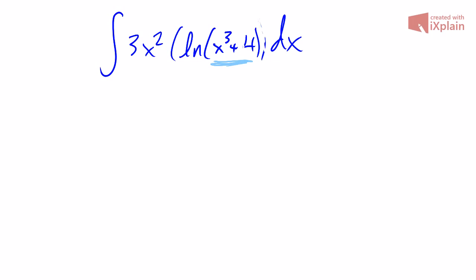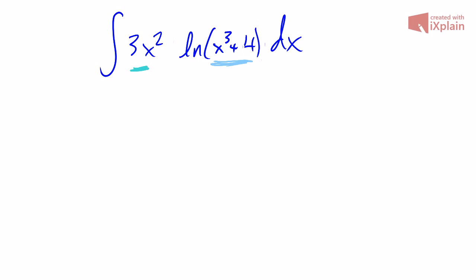Let me get rid of these extra parentheses. Might be confusing. Okay, so I have my inside function. What's inside the ln is x cubed plus 4. And I need to know that I have the derivative of that inside already chained on. I have the derivative of the inside chained on, 3x squared, right? So the derivative of x cubed plus 4 is going to be 3x squared. So I could find the antiderivative to this. And I would use u-substitution.